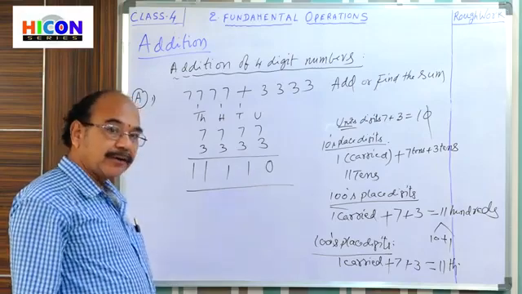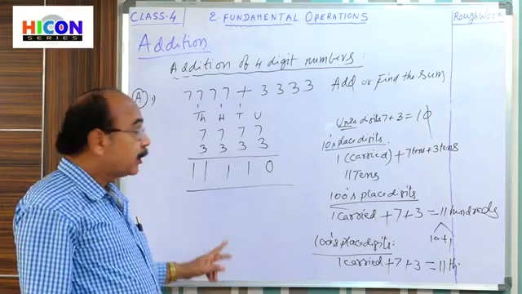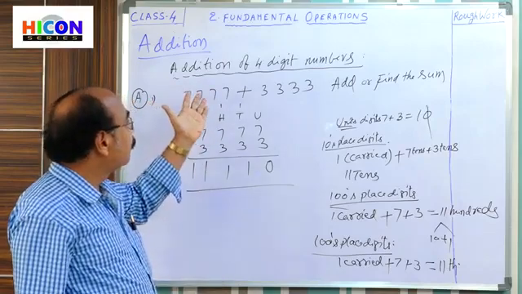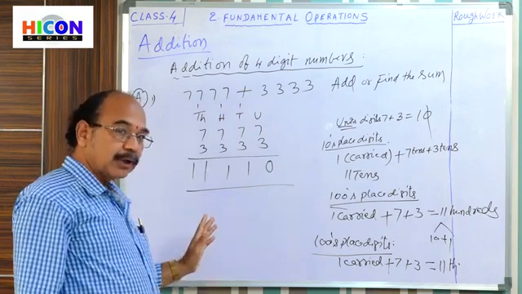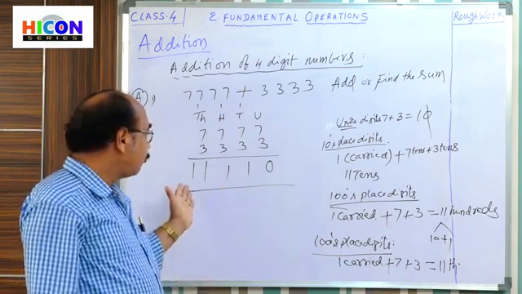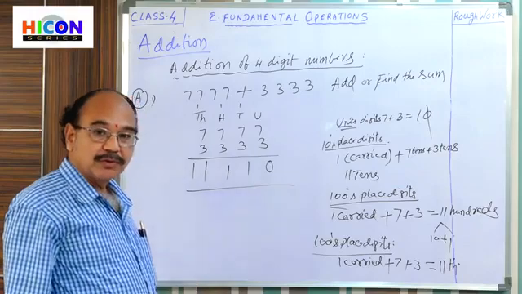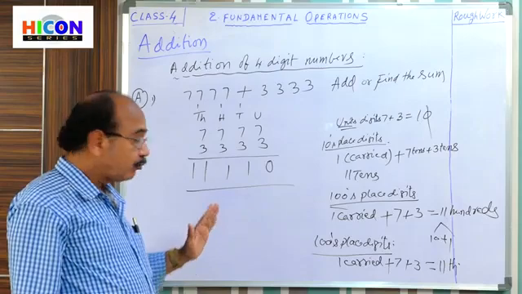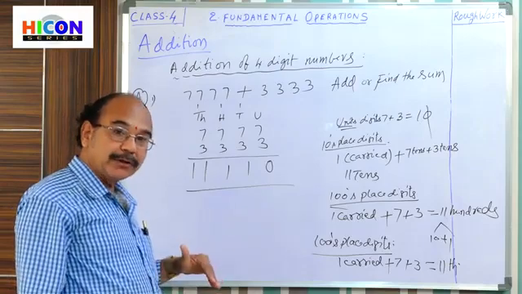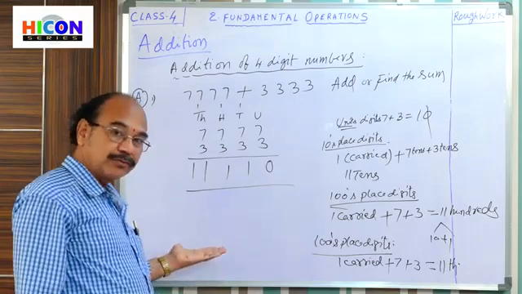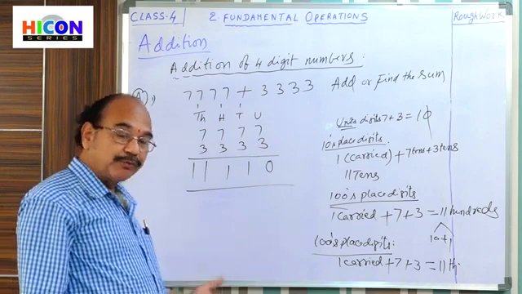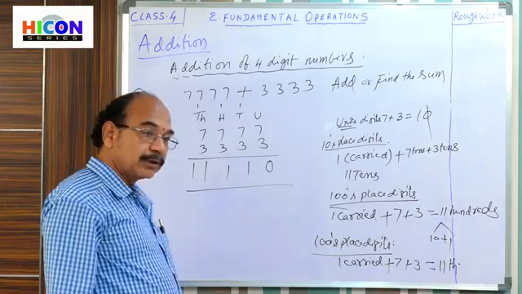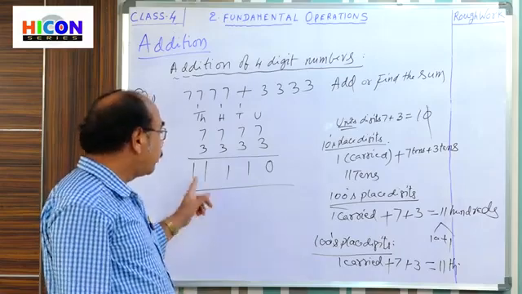That means in the sum of 4-digit numbers, sometimes we may get 5 digits also. In some cases we get 4 digits only. Sum of 4-digit numbers sometimes gives a 5-digit number.